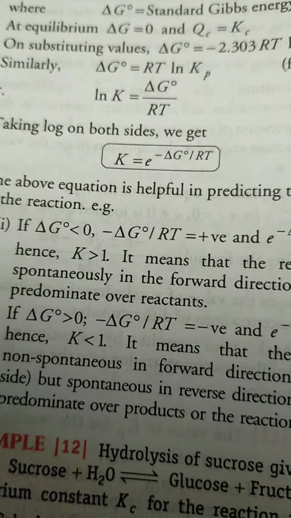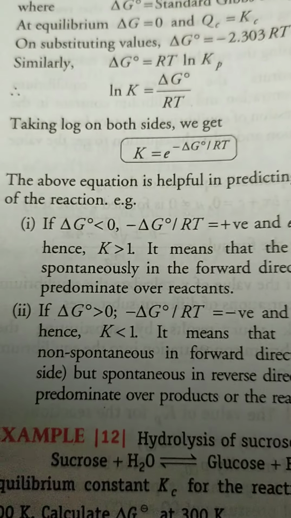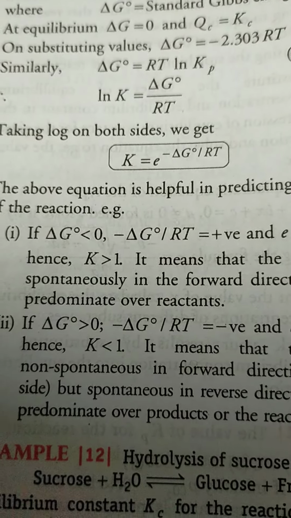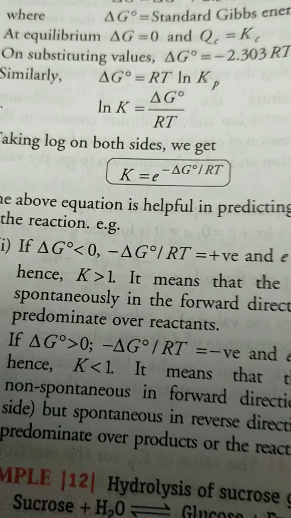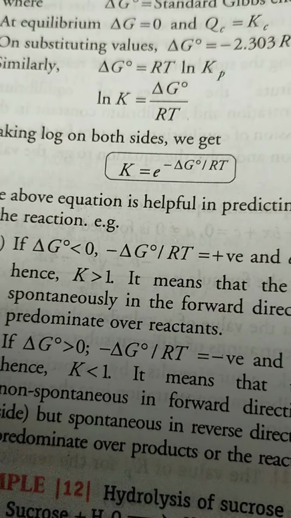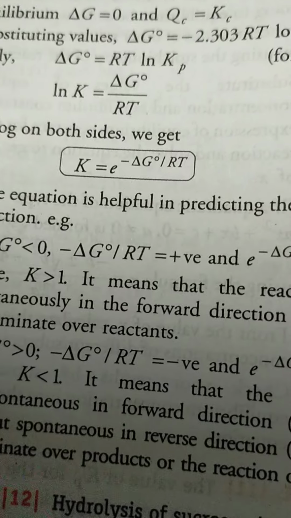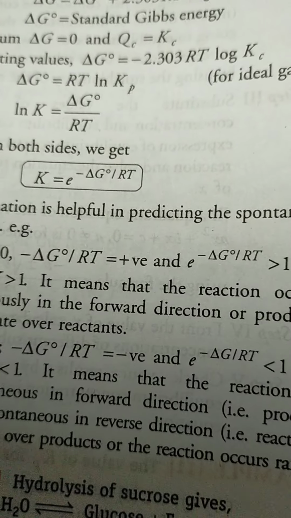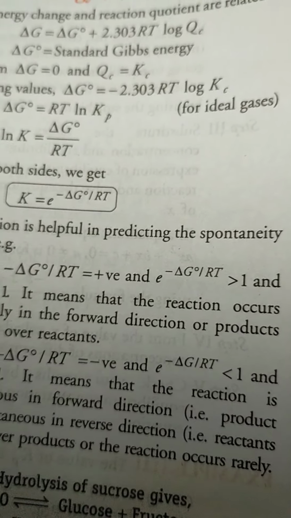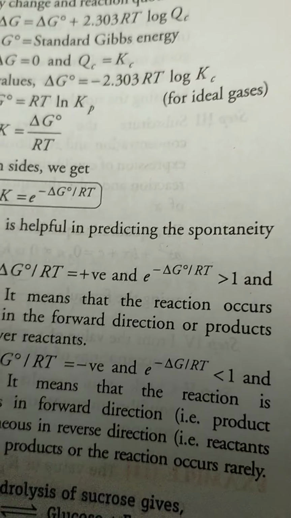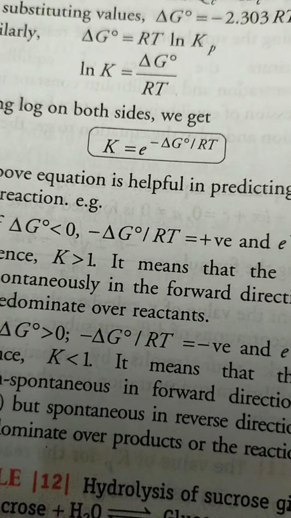So the above equation is helpful for predicting the spontaneity of the reaction, that means whether delta G is positive or negative. If delta G naught is less than 0, minus delta G naught divided by RT is positive, and e to the power minus delta G naught divided by RT is more than 1, and hence K is more than 1.